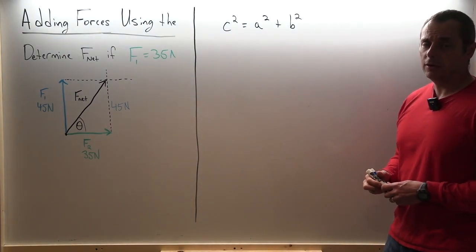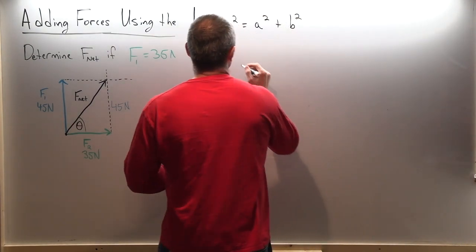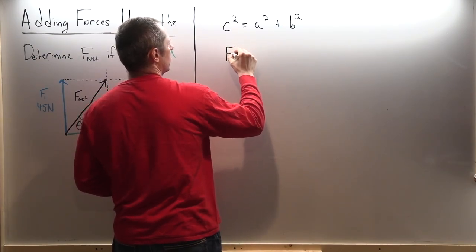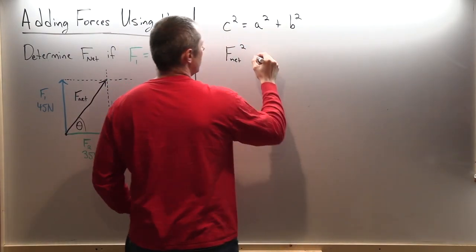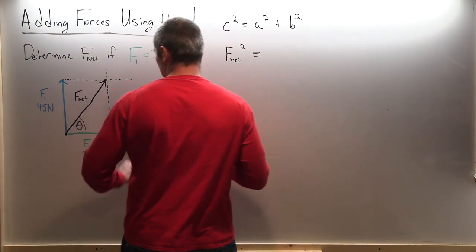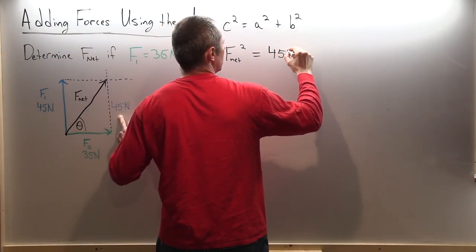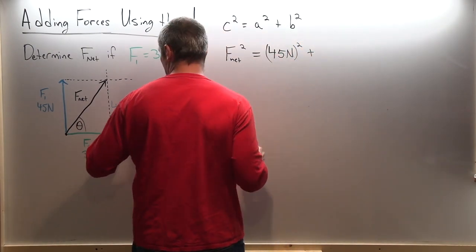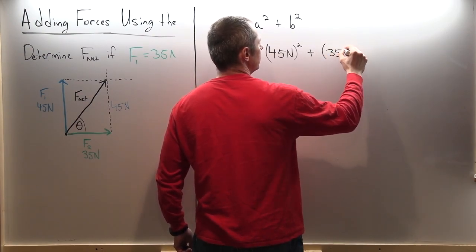Now I can plug in the numbers that I have and the variable that I have, F net. So I can say F net squared, that's the hypotenuse, is going to equal the 45 newtons squared, added to the 35 newtons squared.